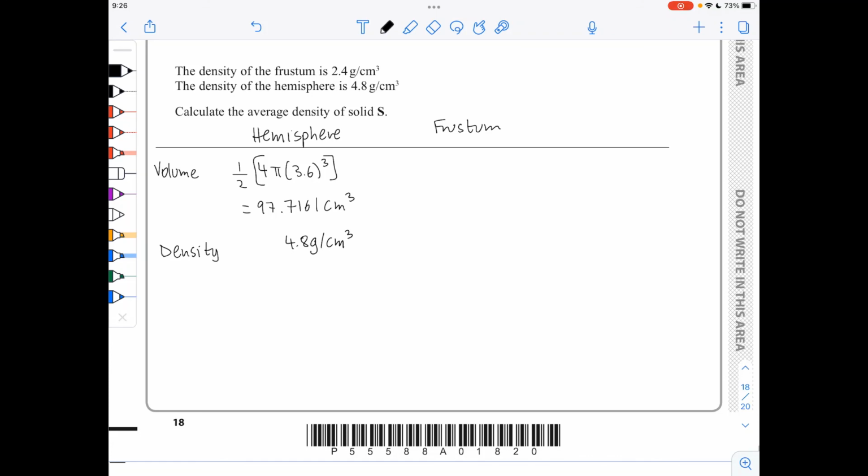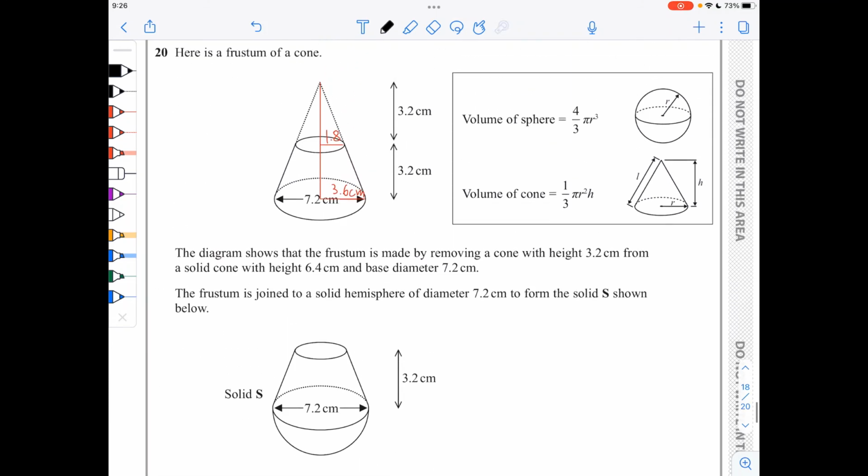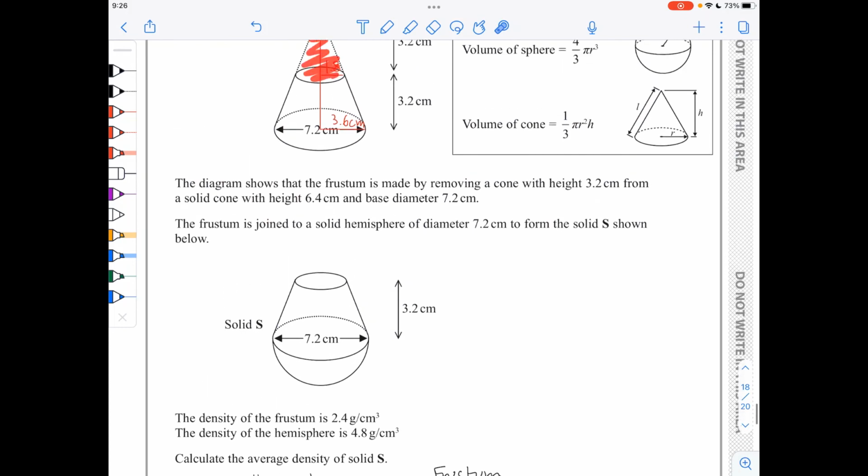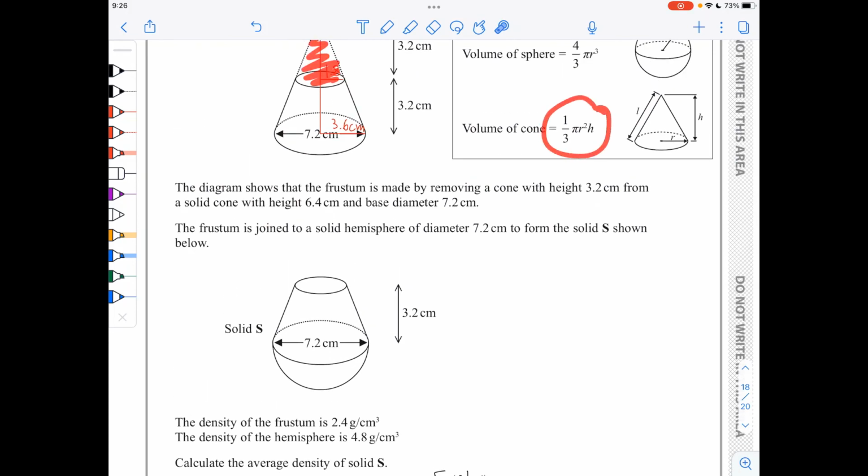And looking at the frustum, the volume of the frustum is going to be the volume of the big cone, take away the volume of the smaller cone. So the volume of the cone is a third pi r squared h.